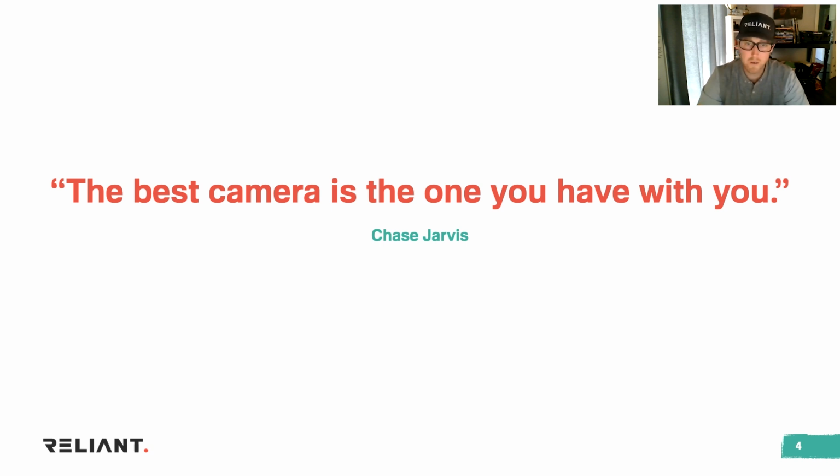I shared this quote in our Photography 101 course. The best camera is the one you have with you. And so today we're going to be discussing techniques and skills that are most relevant to DSLR and mirrorless cameras. But some of what we'll discuss can and will apply to mobile device photography.